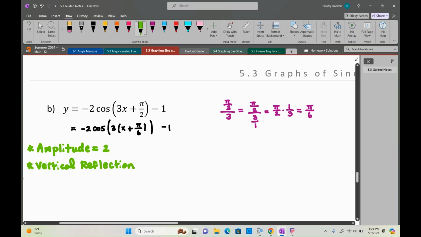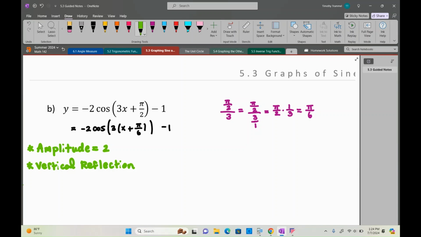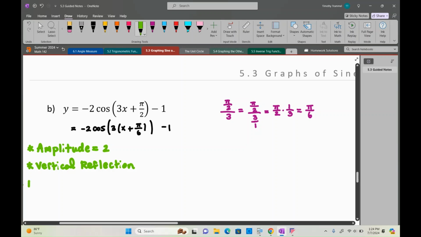And also, we have this -1 down here, so that's going to give us a vertical translation down 1 unit. Or if you just want to call it vertical shift, that's perfectly fine too. I want to say -1, just signifying down 1 there.